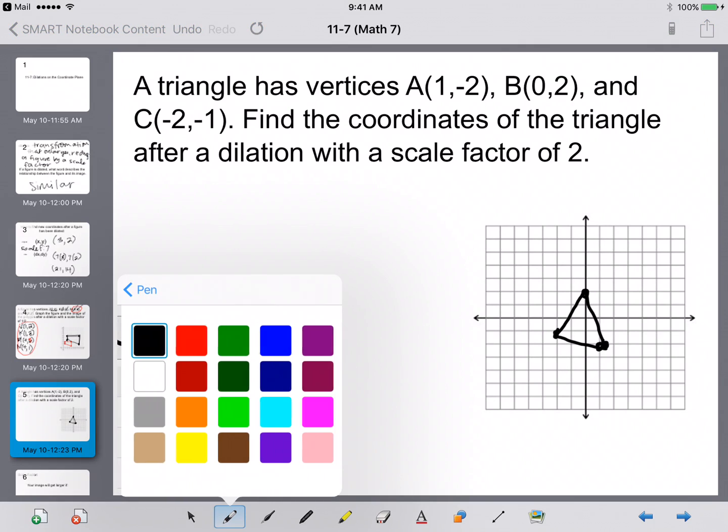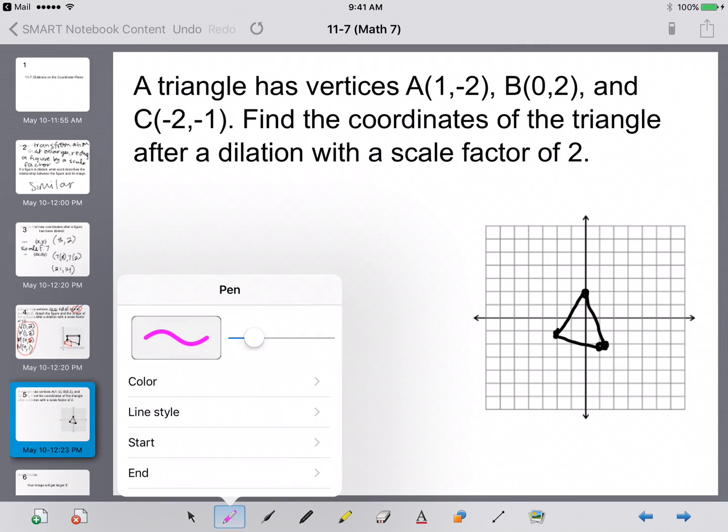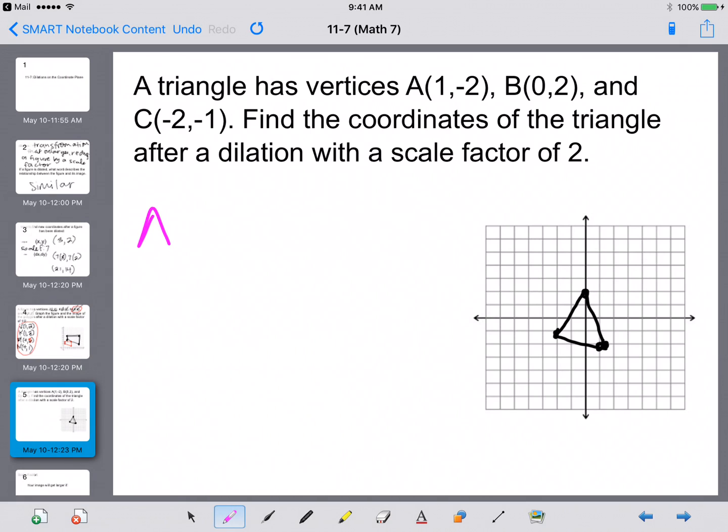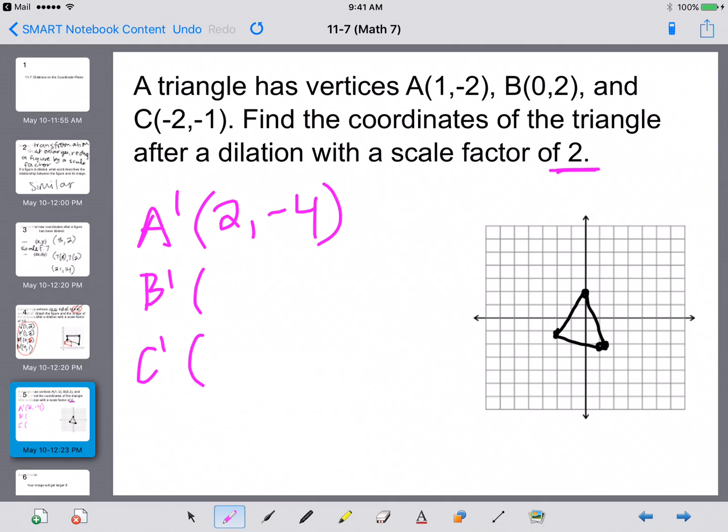Now our new figure, let's write with this pink for now, will be A prime, B prime, C prime. And so we're going to multiply all of our coordinates by our scale factor of 2. So 1 times 2 is 2. -2 times 2 is -4. 0 times 2 is still 0. And 2 times 2 is 4. And -2 times 2 is -4.